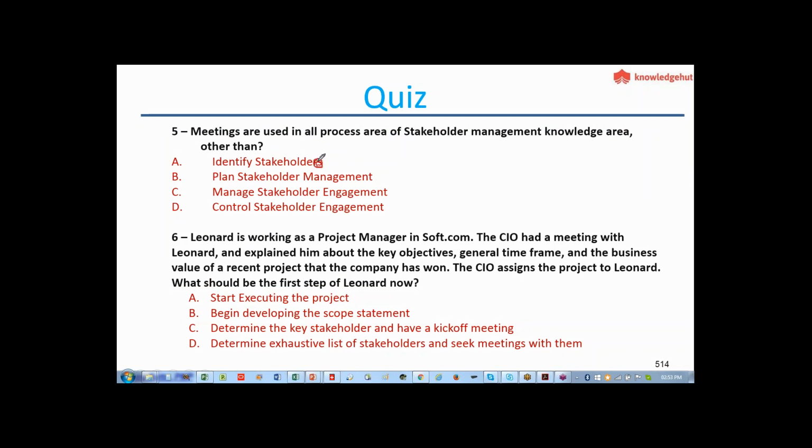So you just mark it here, a little bit of marker. And in planning, do you use a meeting? Yes. Now you are left with manage and control. So one of them doesn't use a meeting, so that would be the answer. So where don't you need a meeting? In controlling, or managing?